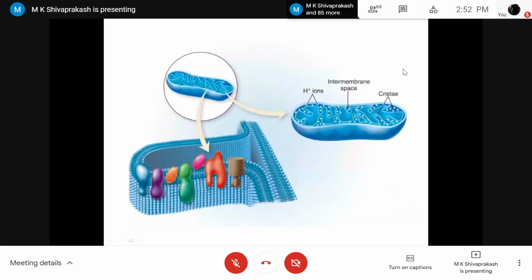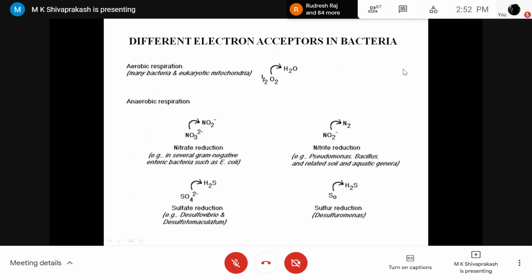respiratory chain. Of course, this is given in the mitochondria in eukaryotic organisms. Inside you have the cristae, the double layered membranes. Across that membrane, the chemical gradient is created to facilitate the production of ATP molecules.